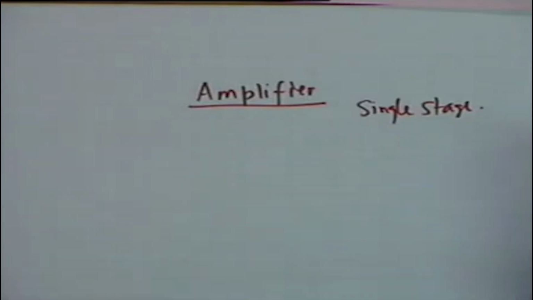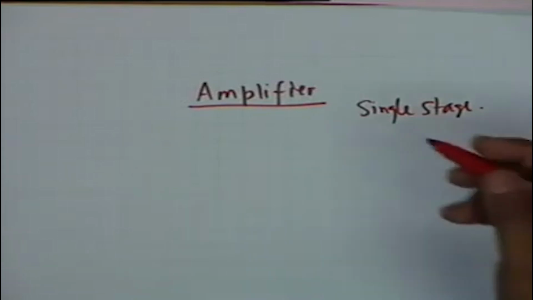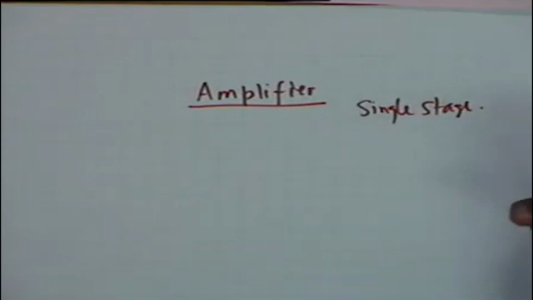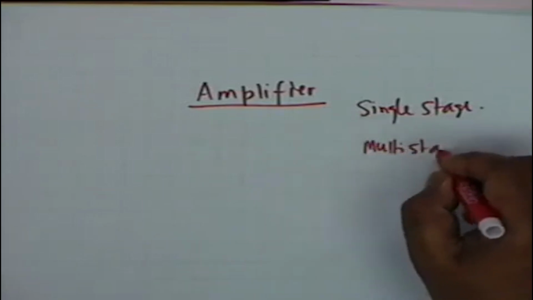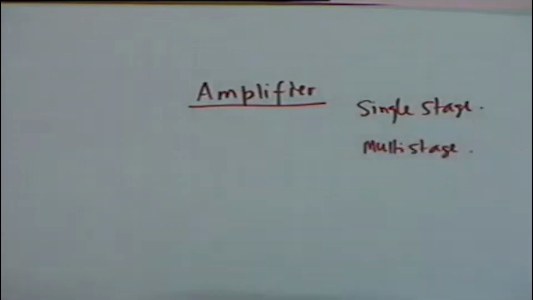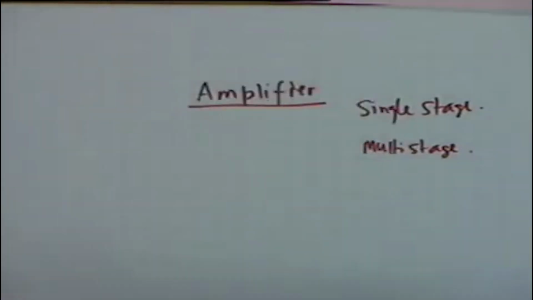Now a single stage amplifier obviously shall have limitation on the gain. How much amplification? So if you want more amplification or more gain, you might use two such stages. Such amplifiers are called multi-stage amplifiers, and it should be clear in the context whether a given amplifier is a single stage or a multi-stage.